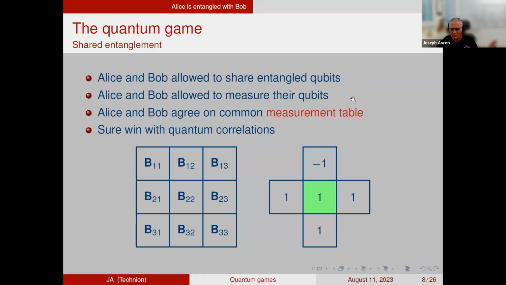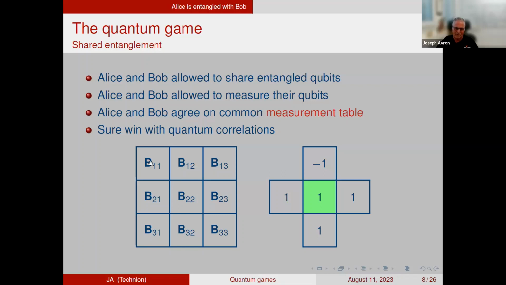And then in their individual rooms, although they cannot communicate, Alice and Bob are allowed to do measurements on the 2 qubits. And now the strategy for winning the game would be that Alice and Bob will fill the table that we saw before, but they will not fill it with numbers. Instead, they will fill the table with observables. And I'll tell you which observables they will fill.